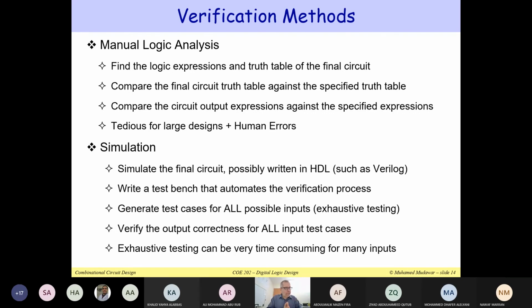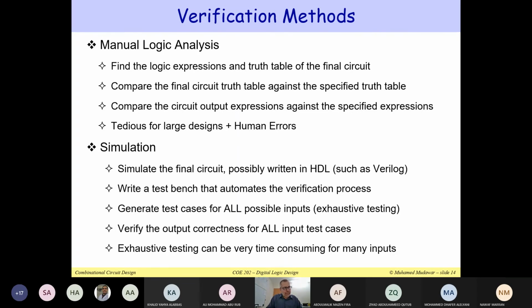This is called exhaustive testing. You provide every possible input to the circuit, and you can check the output. Now, the outputs are known in advance. So what you have to do is verify that your circuit is producing the correct output. This is the meaning of verification. You are checking that your circuit is functioning properly, is producing the correct output.